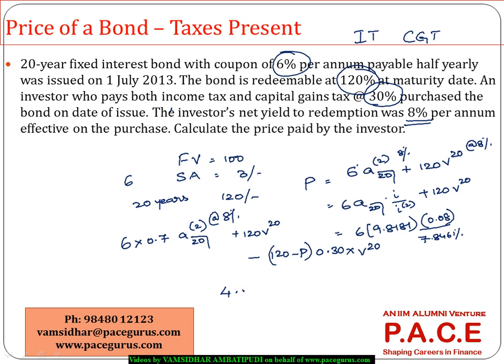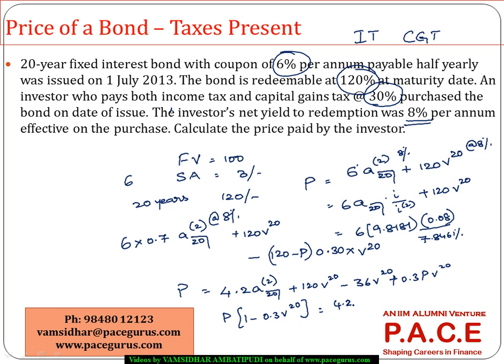So my equation will become 4.2 times a-angle-20 plus 120 v^20 minus 120 into 0.3, which is 36, so minus 36 v^20, plus 0.3 P v^20. Here on this side we have P. Bringing all the P's together, P into (1 minus 0.3 v^20) is equal to 4.2 a-angle-20 plus (120 minus 36), that is 84 v^20.